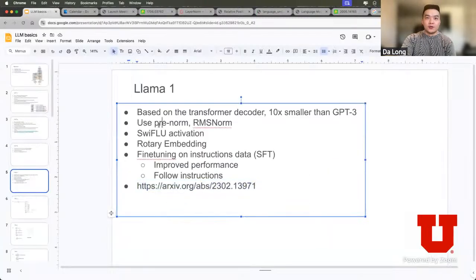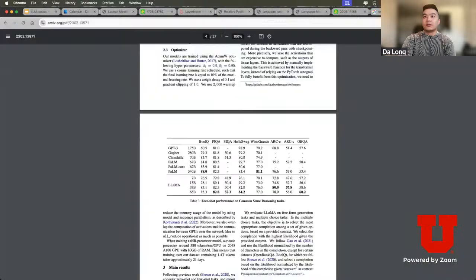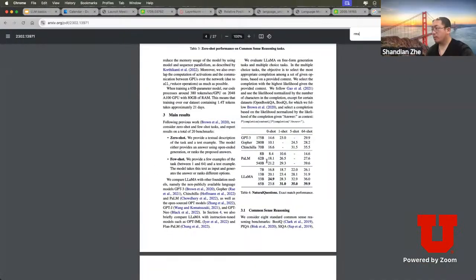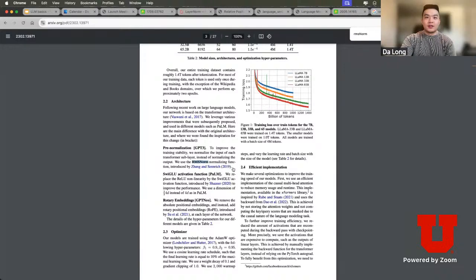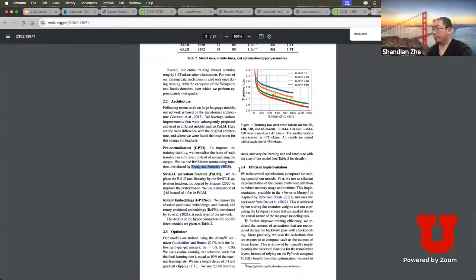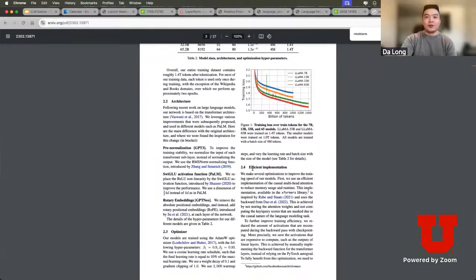They also use pre-normalization, but they use the RMS norm. What is RMS norm? I don't know. It's a method introduced right here. If you want to use it, maybe it's a PyTorch built-in normalization.